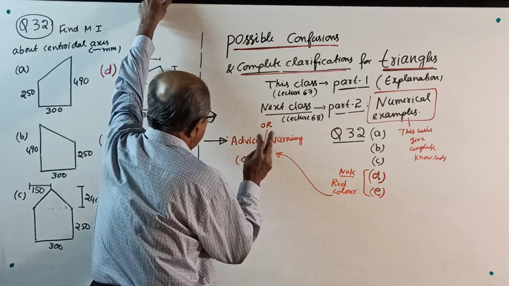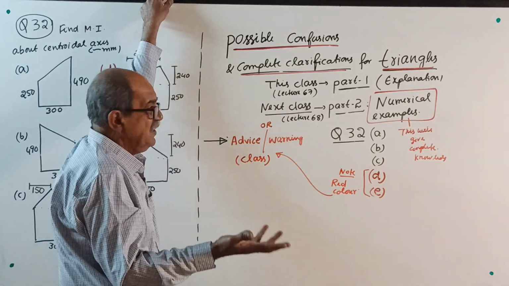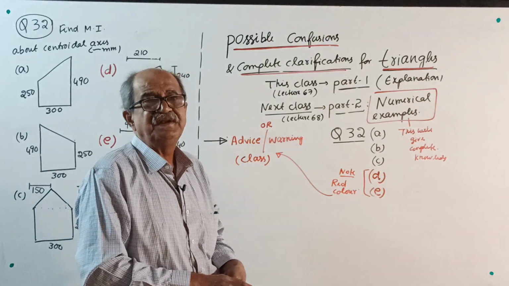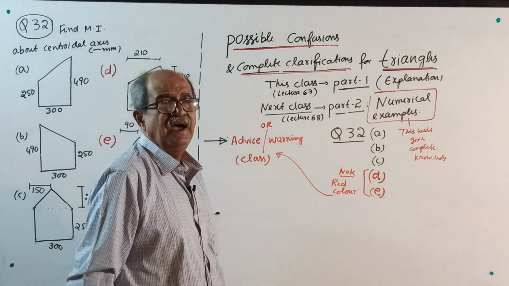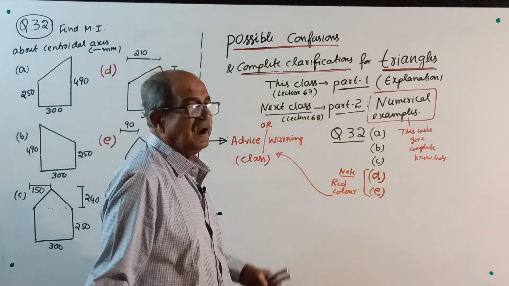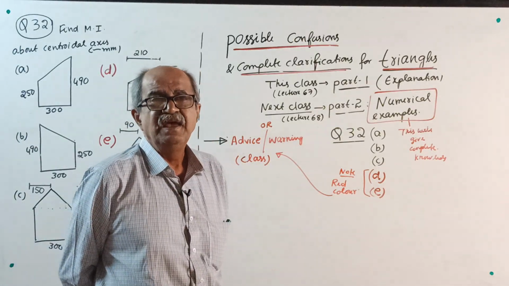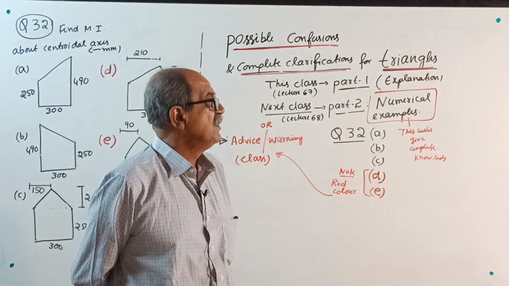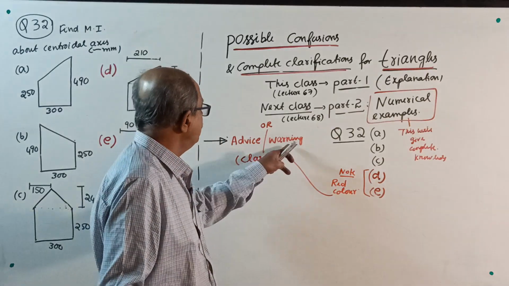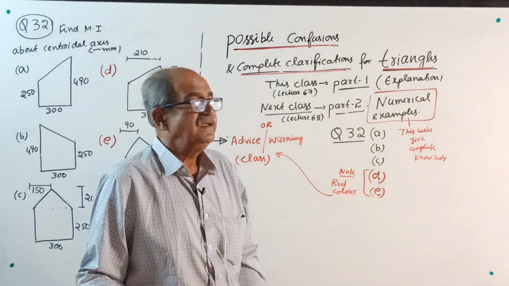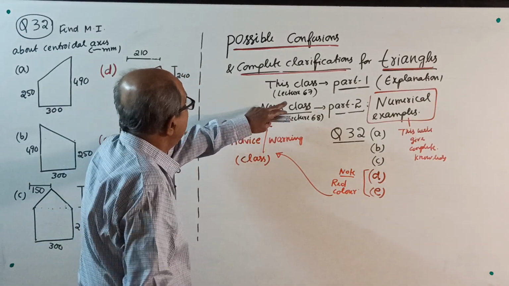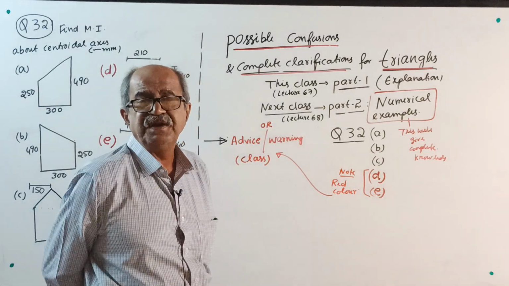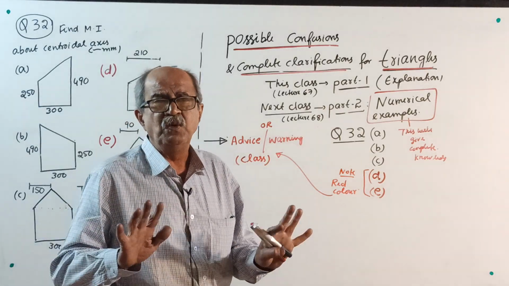You can take this as advice or warning. For people who are seriously studying from me, it is advice. For people who are not serious, who once in a while suddenly open a class, see, and then start commenting sometimes, saying it was not explained properly, for them it is a warning. This class, lecture number 67, and the next one, lecture number 68, you have to go through thoroughly.